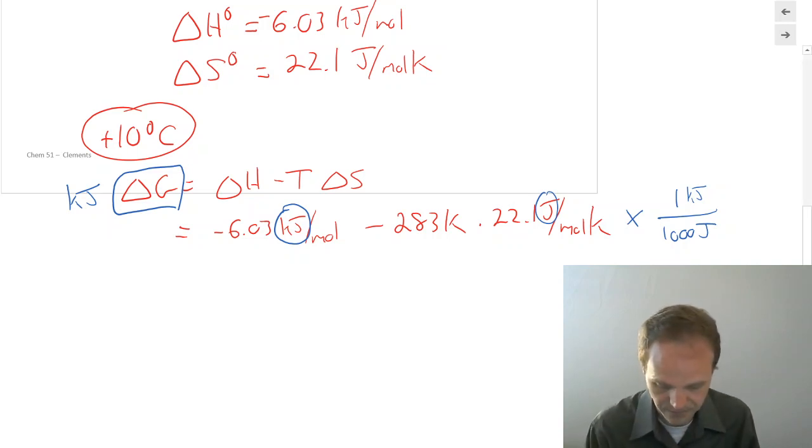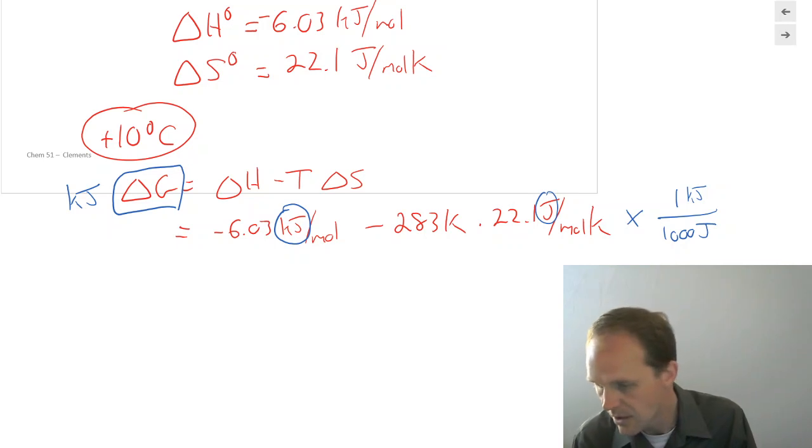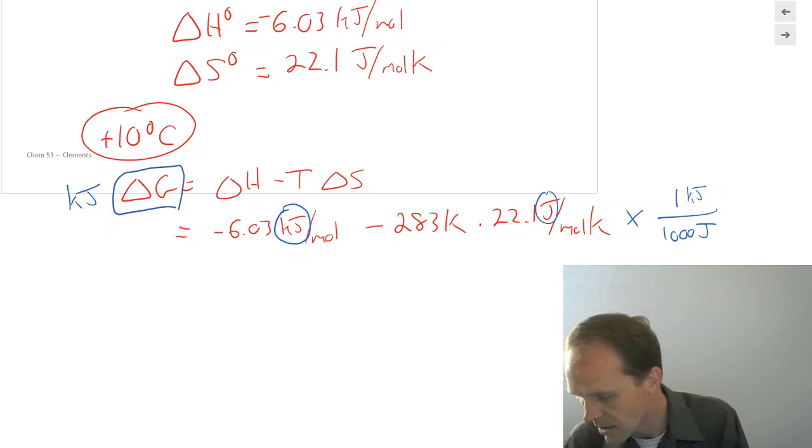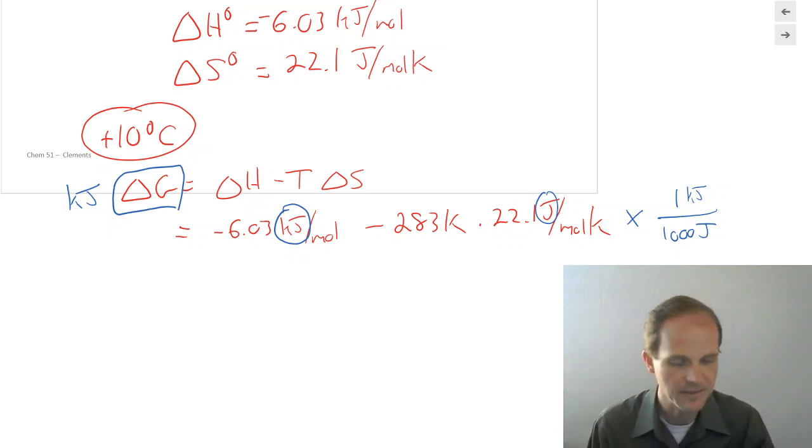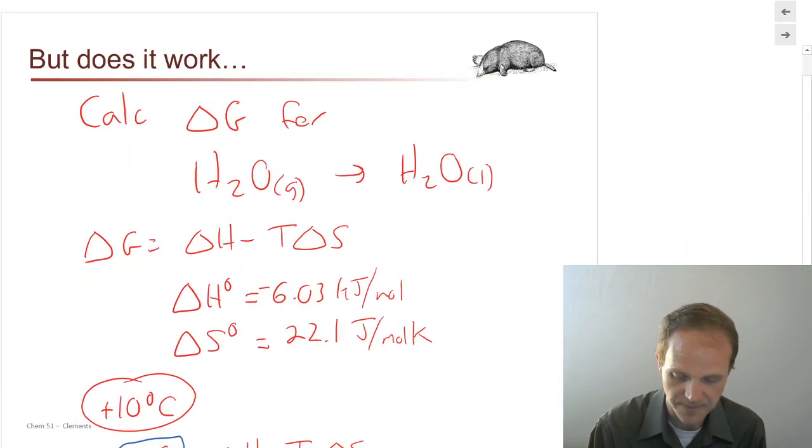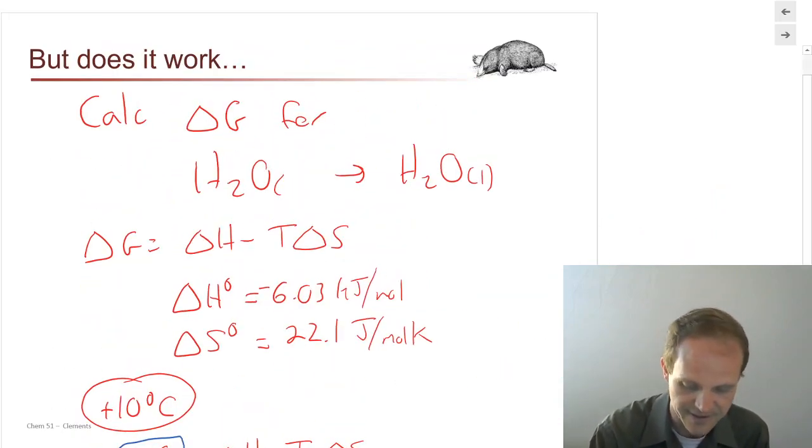Excuse me. And you're going to get, oh, there we go. I was confusing myself because I'm trying to think ahead. This is supposed to be solid, which makes this positive.